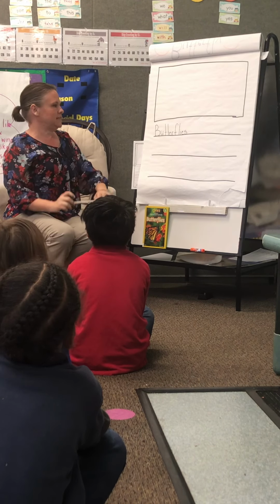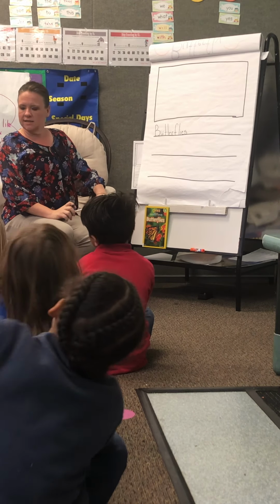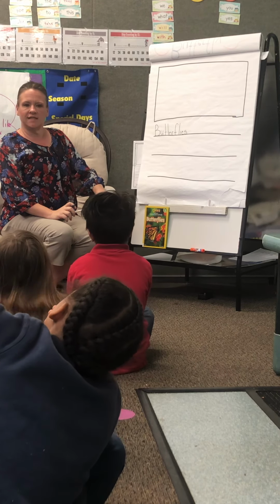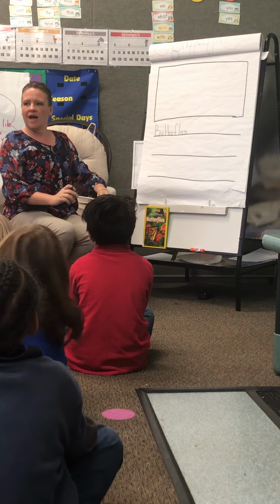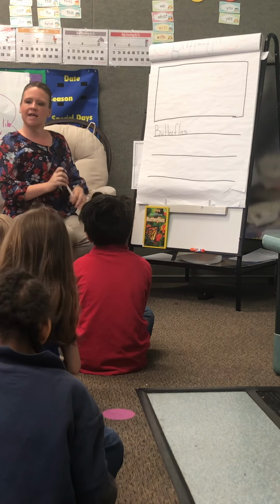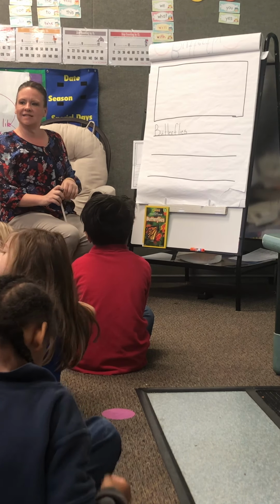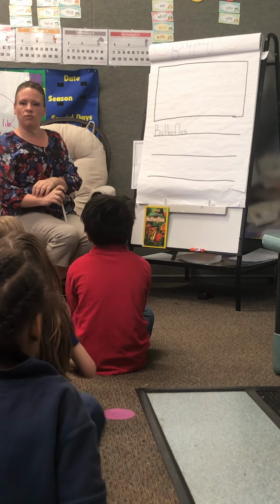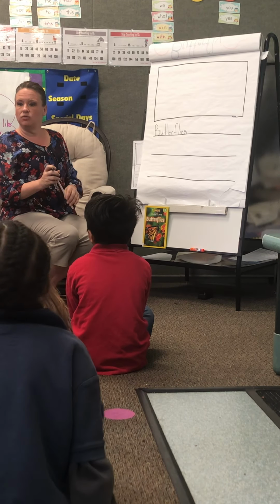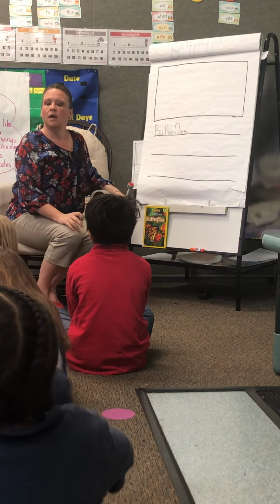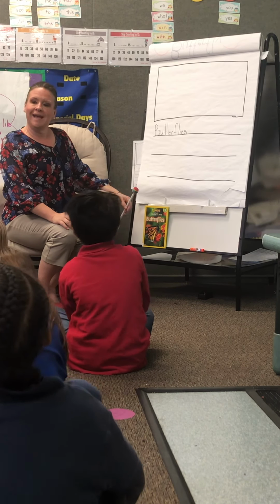So let's write a sentence about butterflies. What can we say about butterflies, Hannah? Butterflies can fly. Let's practice sounding out a word and writing the sound. Jamal, you can help me do this, okay? I'm going to write the word can.